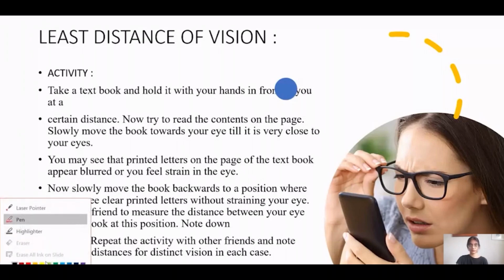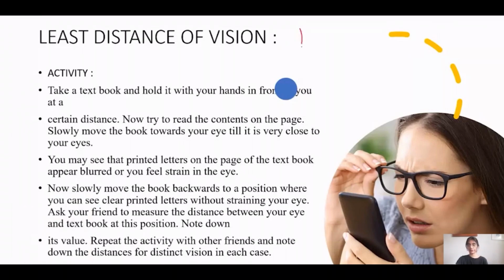So here is your eye, here is the book, here is the distance. Let's say the book is here, and for now it has some content. You know that from here you can see it clearly, so you bring the book closer.